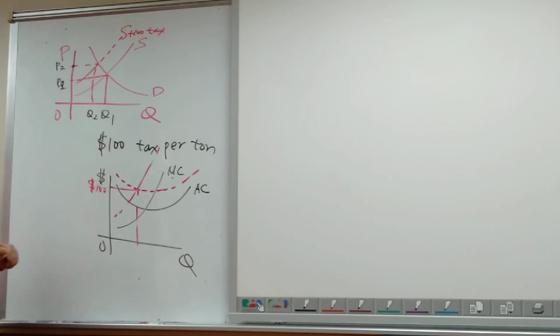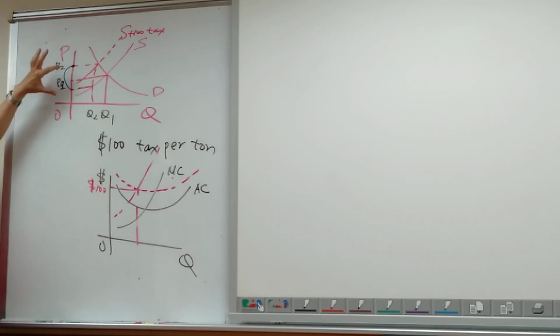Now you have to be very careful when you mark which area is the tax revenue. Here, P2 minus P1, this part is the tax.